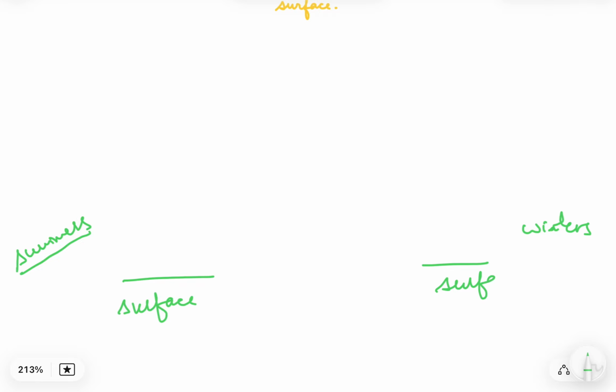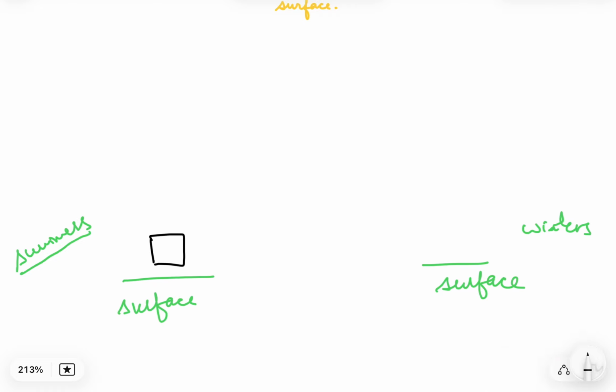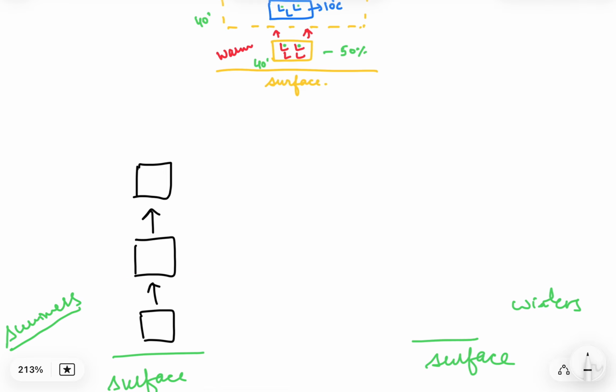In case of summers and in case of winters, we have different type of the air masses. This is surface, air parcels we have.